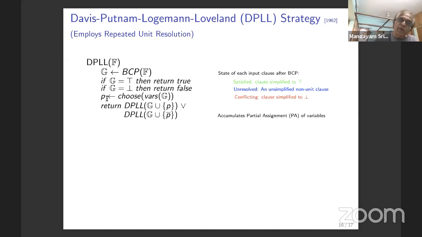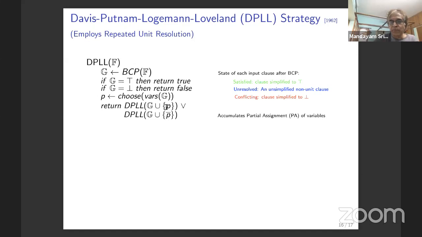A branch where you choose one value, true for P. So you recursively call DPLL by adding the unit clause P to the simplified G. The G is the simplified form of F after doing BCP.